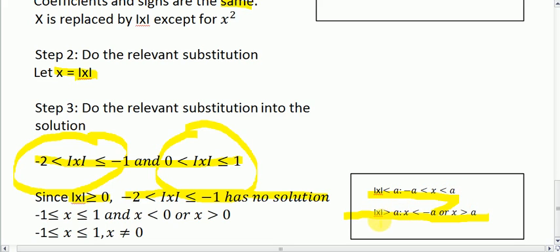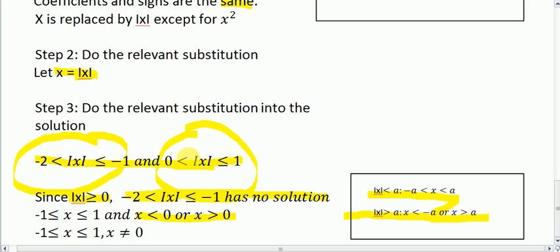However, if mod x is greater than a, this means that x is lesser than negative a, or x is greater than a. So in this case, we have mod x greater than 0. So this means that x can be lesser than 0 or x greater than 0. In other words, x cannot be equal to 0.